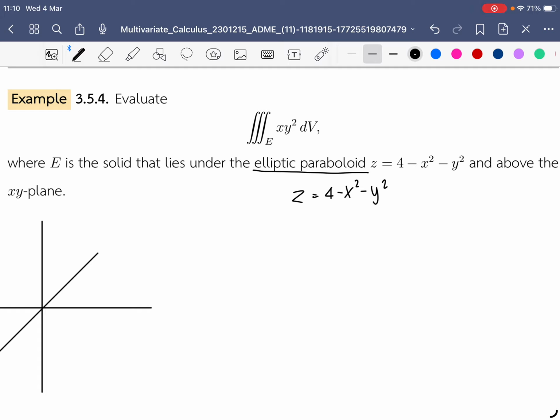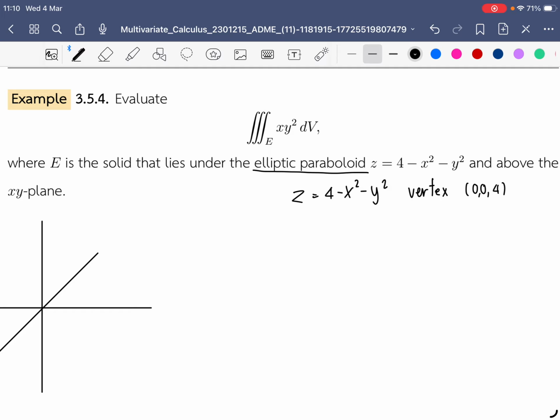And what is the vertex? 0, 0, 4. Good. So the vertex is 0, 0, 4. You have a few ways to figure out what the vertex is. The first one is if you memorize the standard form.